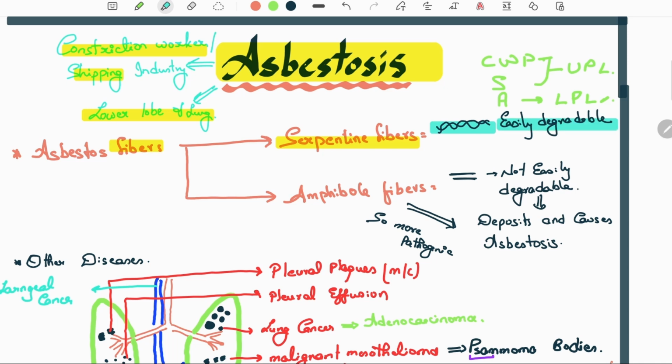As they are easily degradable, there is no harm. The second one is amphibole fibers. These fibers are not easily degradable, so they get deposited and cause asbestosis. So if a person is more exposed to the amphibole fibers, he is more prone to getting asbestosis. I hope you are clear up to now.